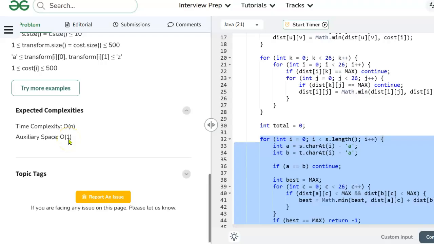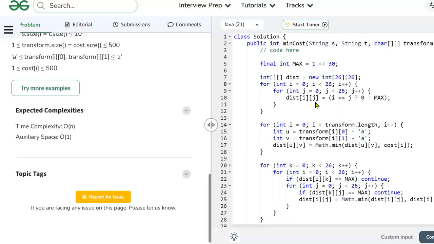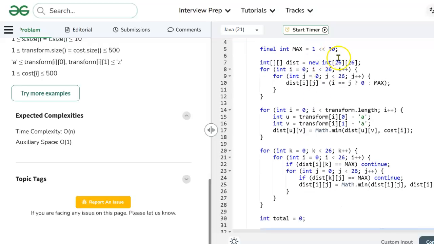You can also say auxiliary space is O of 1, constant space. Again, that's right, although we do need a 26 by 26 matrix, but that's what we need regardless of how long the string is. So, constant space.